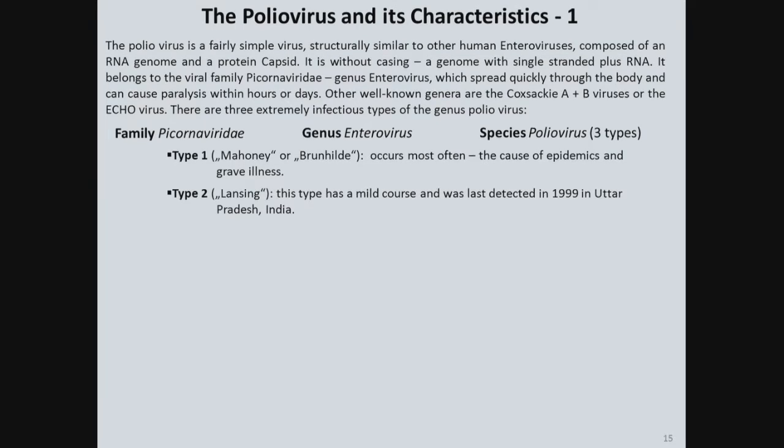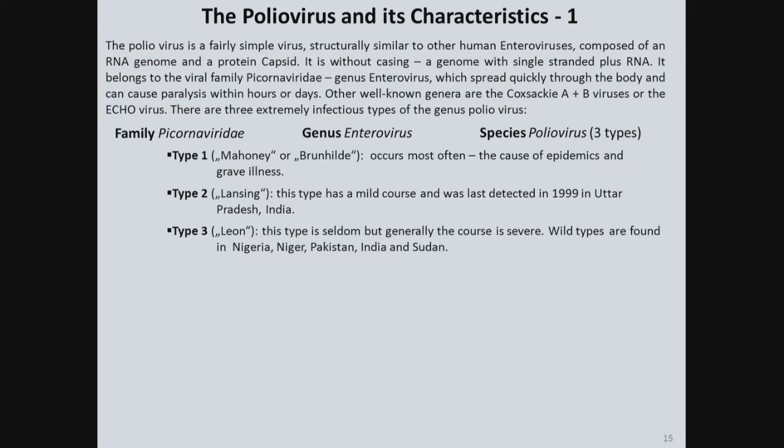Type 2, Lansing. This type has a mild course and was last detected in 1999 in Uttar Pradesh in India. Type 3, Leon. This type is seldom, but generally the course is severe. Wild types are found in Nigeria, Niger, Pakistan, India, and Sudan.